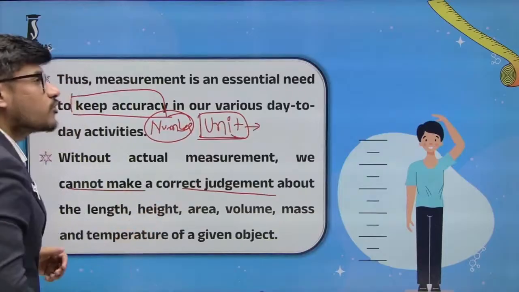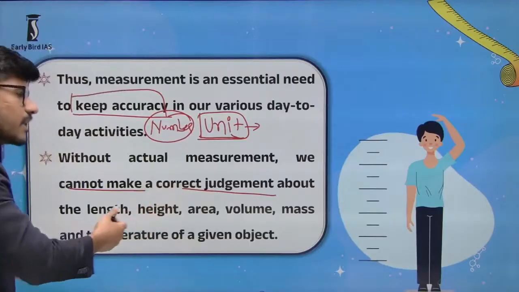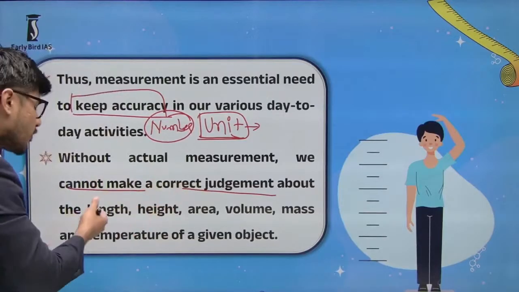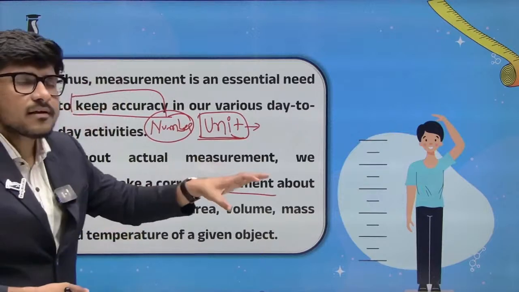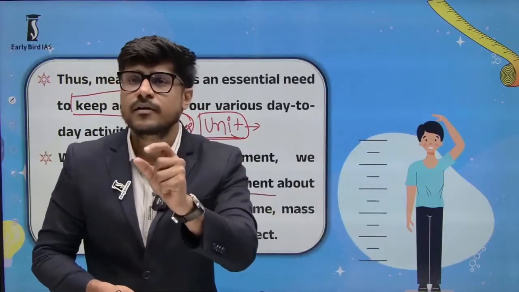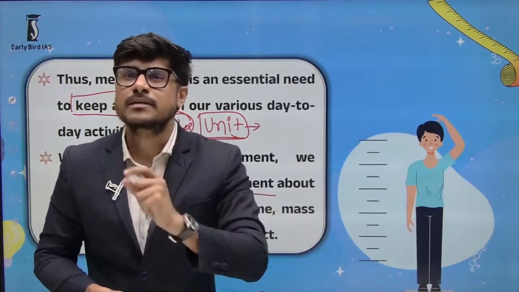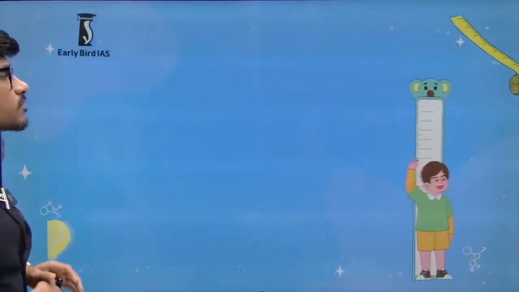So for accurate judgment of various things, for height, weight, volume, mass, temperature, if you want to judge all these things, you require a particular thing which we call measurement. Without measurement, these things are not possible.